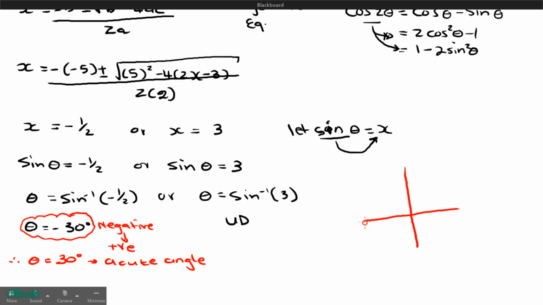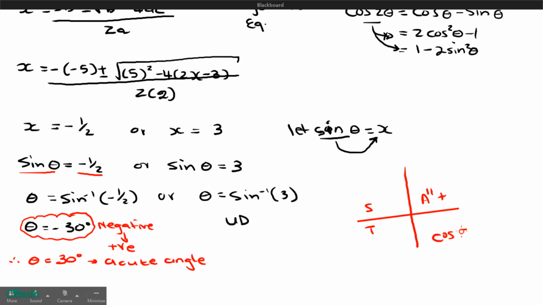Now we are going to check. Okay, here we have a Cartesian plane. If we check here, it gave us negative. It says sine theta must be negative. So the question is, if we have CAST, this one says all ratios are positive in the first quadrant. In the second quadrant, only sine is positive. In the third quadrant, only tan is positive.